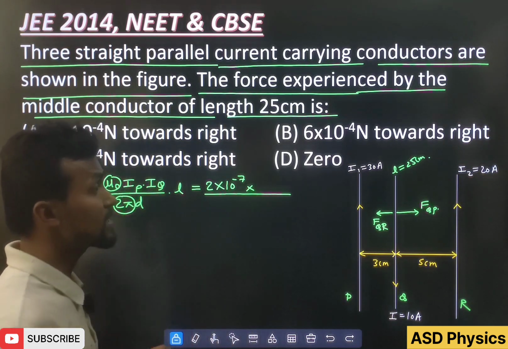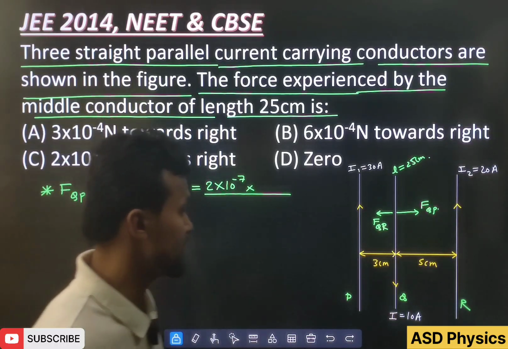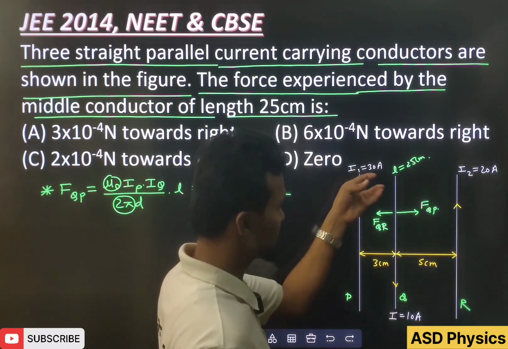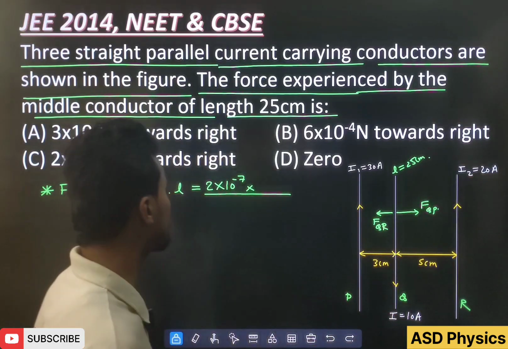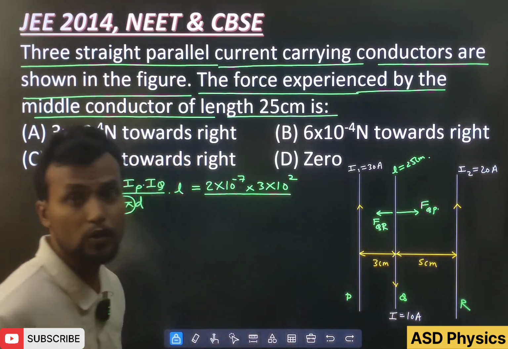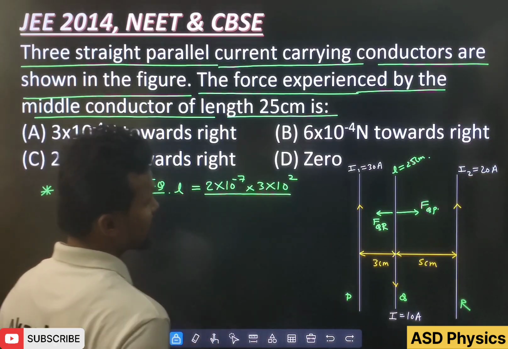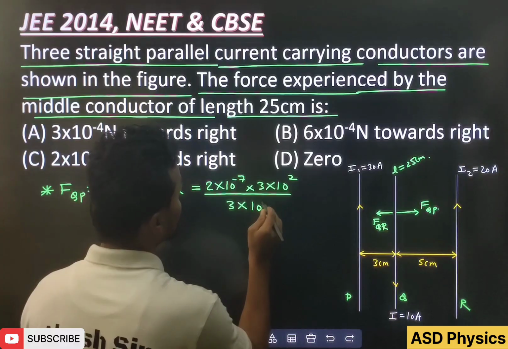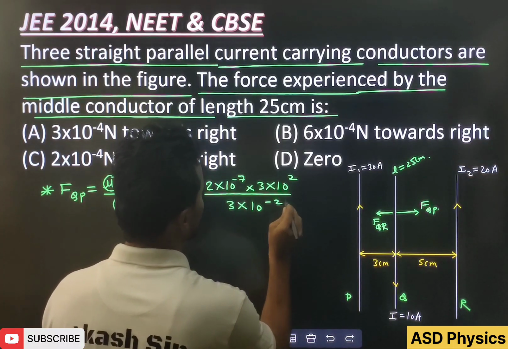After that, IP, IQ. Please see, this is IP, this is IQ. How much current is there? This is 30 ampere, this is 10 ampere. So 30 into 10 will come 300, so 3 into 10 to the power 2. And the D value given here is 3 centimeter, so 3 into 10 to the power minus 2.